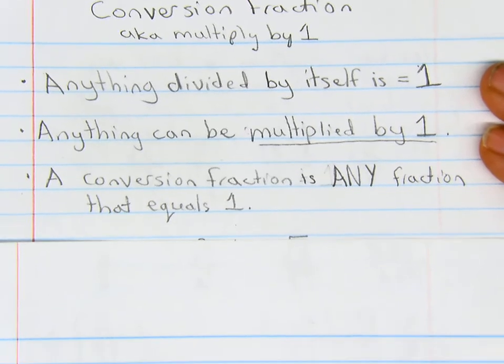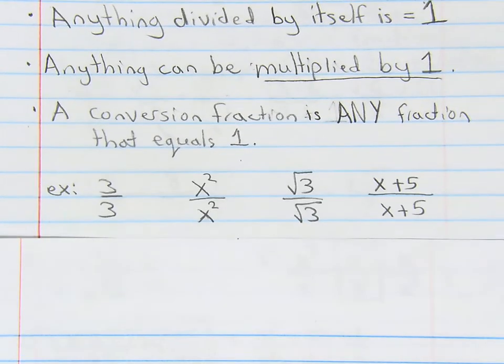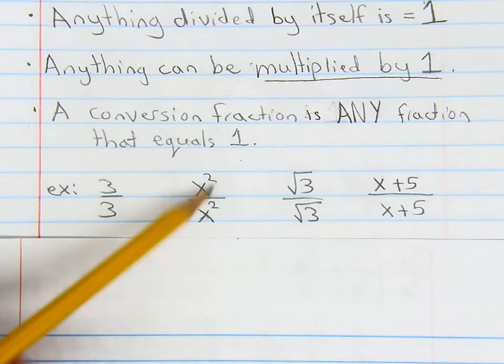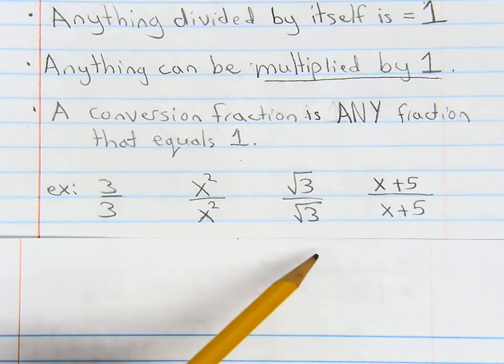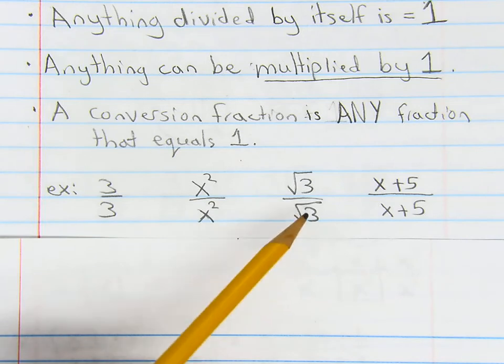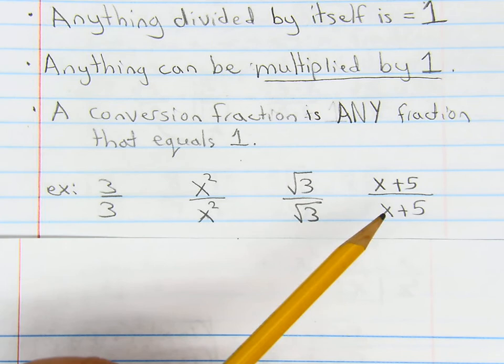So let's look at some examples. Some examples could be 3 divided by 3, x squared divided by x squared, the square root of 3 divided by the square root of 3, and even x plus 5 divided by x plus 5.